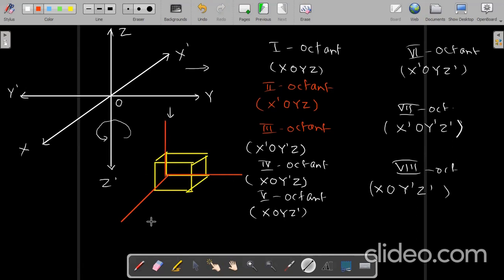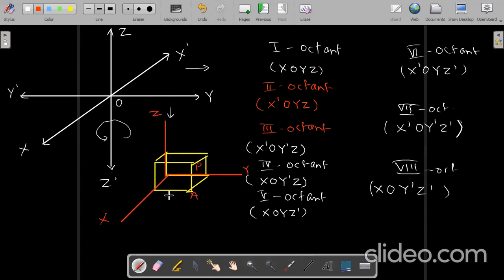If you see this point, I'm talking about this point P. When you drop a perpendicular here, P A is the length of this point from the xy plane.